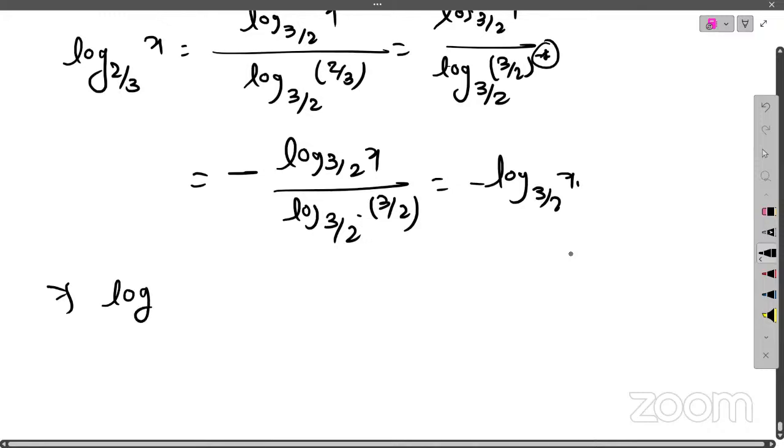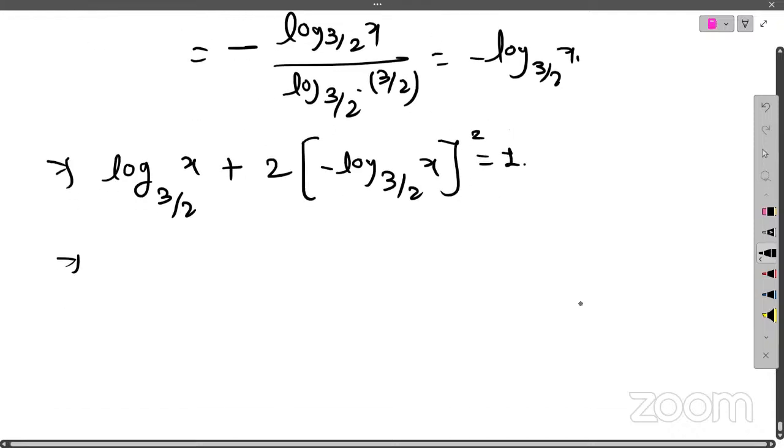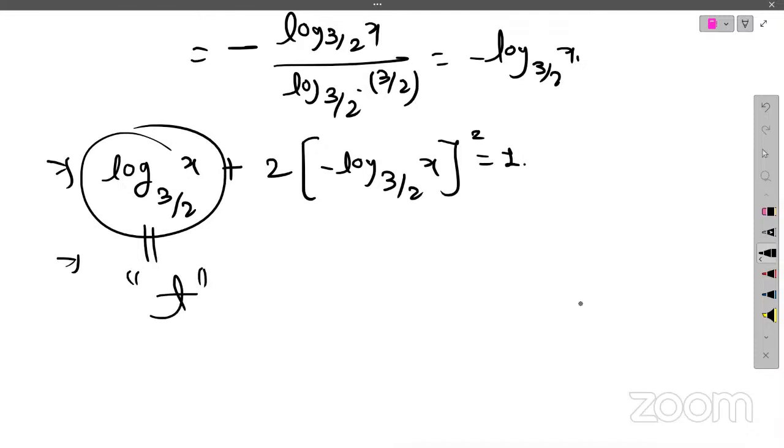It will become log base 3 by 2 of x plus 2 times minus log base 3 by 2 of x, the whole squared, equals 1. Ultimately, our goal is to find all values of x which satisfy this particular equation. So here you will substitute in place of log base 3 by 2 of x something like t, and then convert this whole expression into a polynomial, because polynomials are very easy to handle as compared to log and exponential.